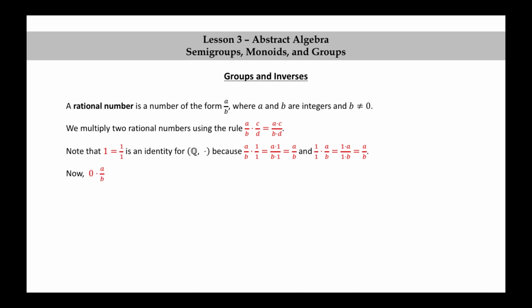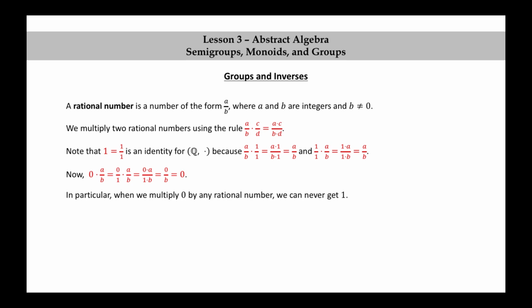Now, 0 times a/b is equal to 0/1 times a/b, which by our definition is (0 times a) over (1 times b), which is equal to 0/b. And that's 0. In particular, when we multiply 0 by any rational number, we can never get 1. We always get 0, so we can never get 1.